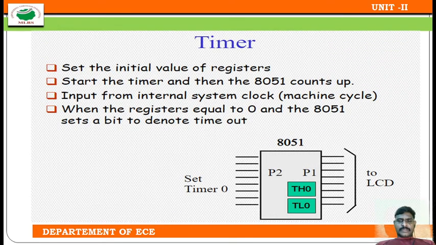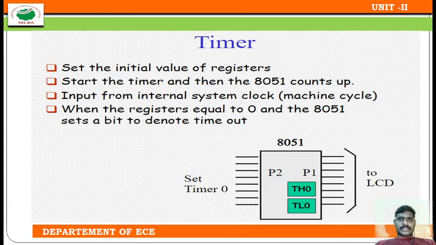Basically, what is a timer? So how can it be activated? A timer can be used to count a number of seconds or milliseconds, and it will generate a delay. Whenever I want to generate a delay between one operation and another, or from one peripheral to another, the timer is initialized.